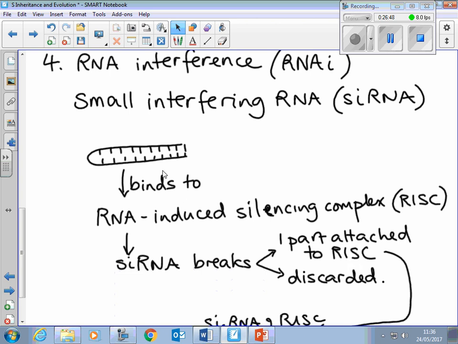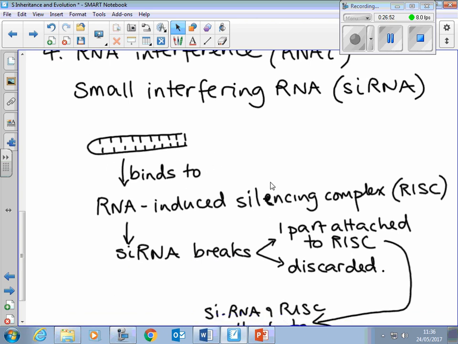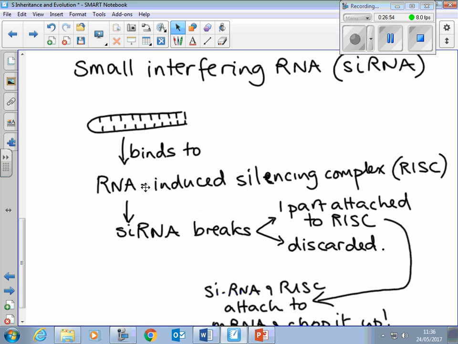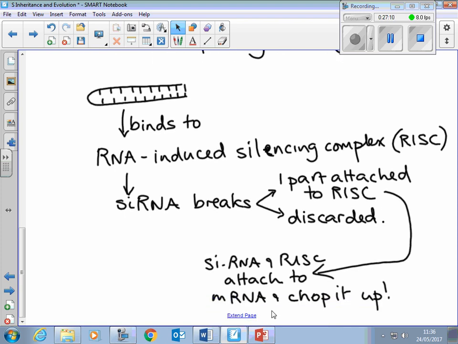To start with, they are this hairpin sort of shape. They bind to a protein, which is this RNA-induced silencing complex. That breaks the hairpin into two pieces. One's lost, but the other bit, and it makes you wonder why it was produced like that in the first place, stays attached to that protein. That then attaches to messenger RNA and chops it up into bits, so it's not used anymore.